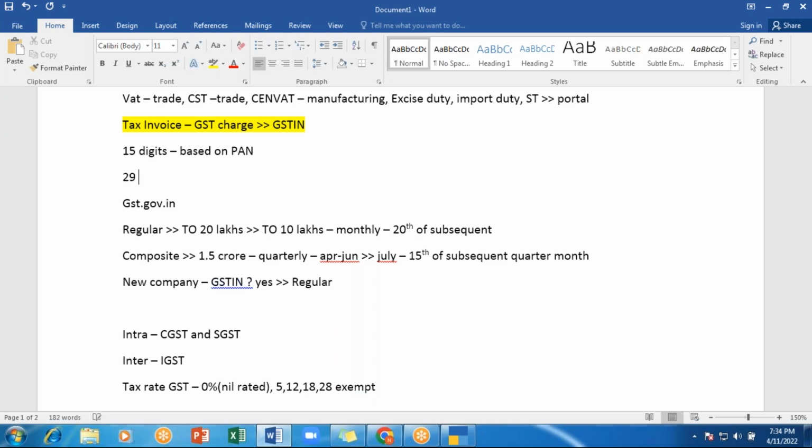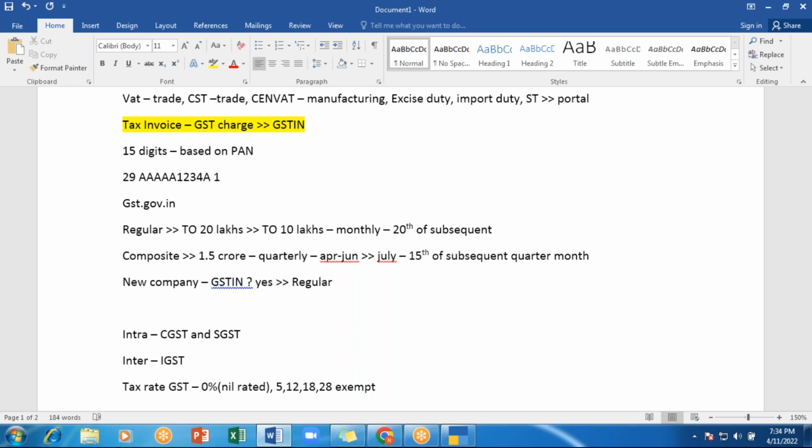Two digits done. The next 10 digits will be the PAN number. Let me give a PAN number: 5 alphabets, 4 numbers, 1 alphabet. Now 12 digits are done. Next, the 13th digit will be any digit, which tells you the entity code.